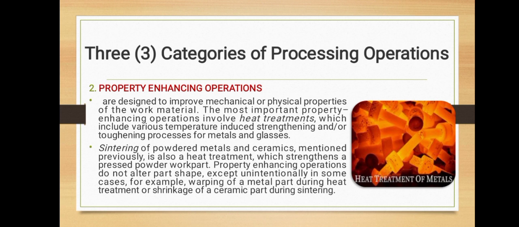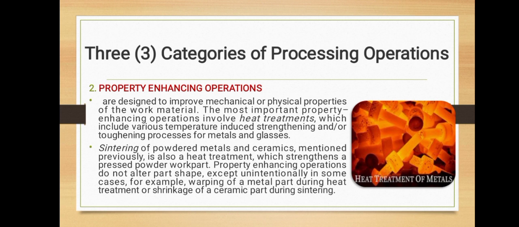Sintering of powder metals and ceramics mentioned previously is also a heat treatment, which treats a pressed powder work part. Property enhancing operations do not alter part shapes except unintentionally in some cases. For example, warping of a metal part during heat treatment and shrinkage of a ceramic part during sintering.